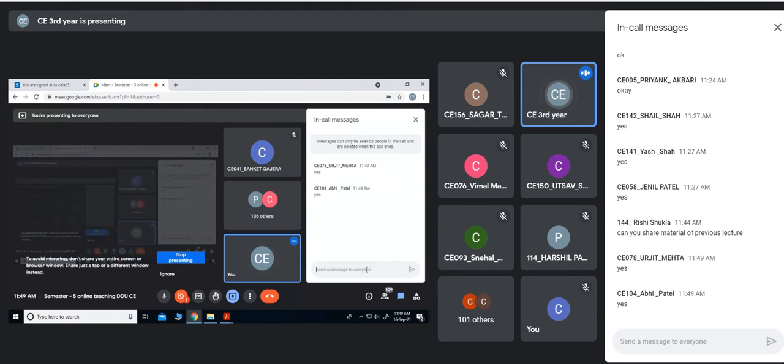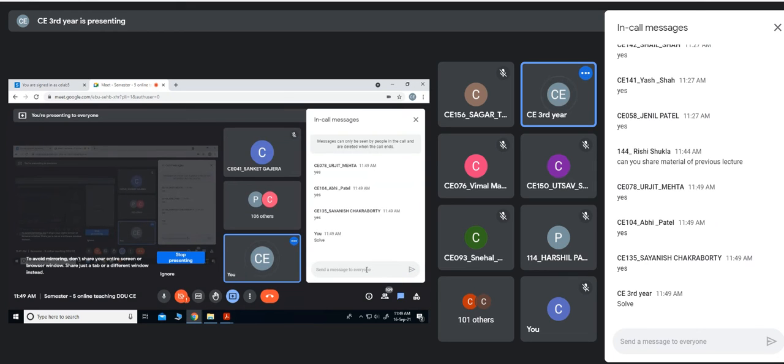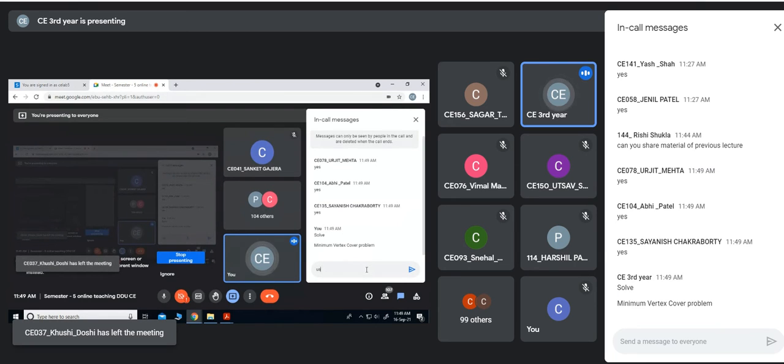Okay. So we were talking about that approximation ratio and how these approximation algorithms are useful. So let us try to solve the minimum vertex cover problem using a randomized way.